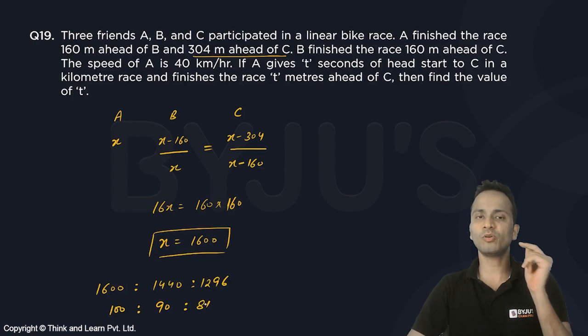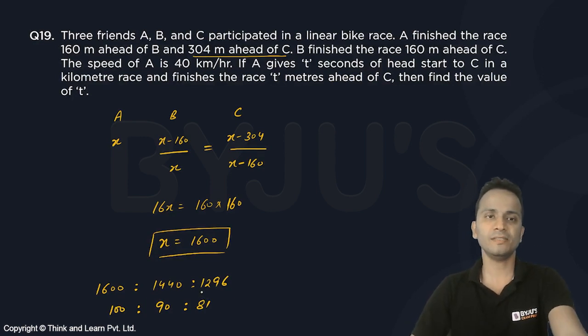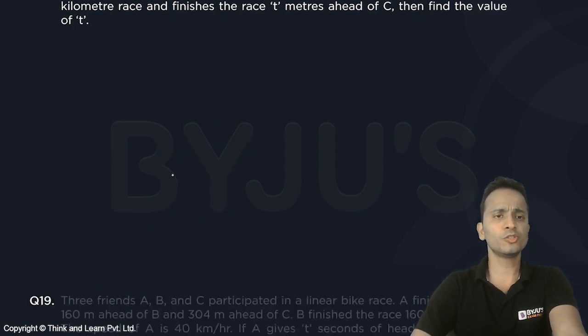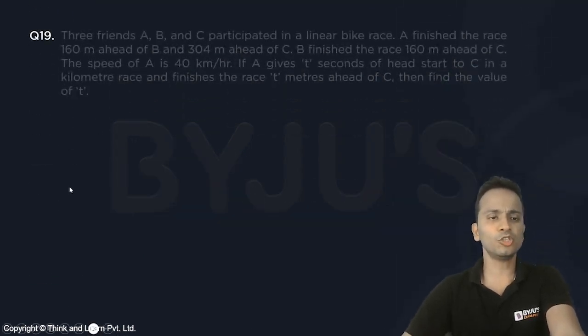So this is the ratio of the speeds of A, B, and C. The speed of A is given as 40 kilometers per hour. I'll convert it in meters per second and we'll also find out the speed of C. Okay, so the ratio of the speeds of A, B, and C is 100 is to 90 is to 81. This is A, this is B, and this is C.